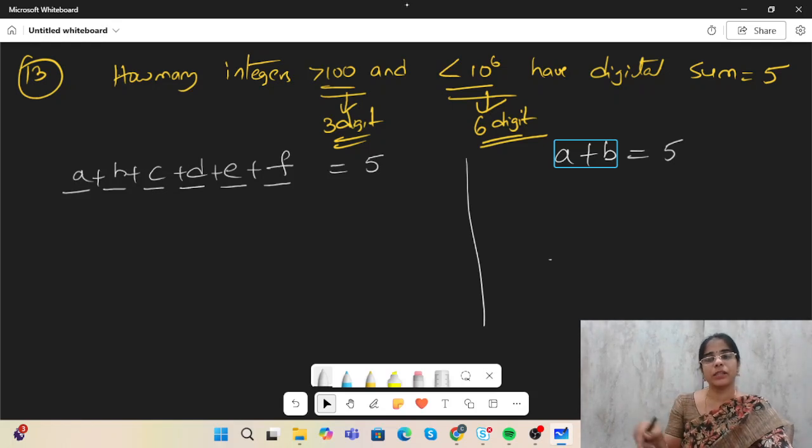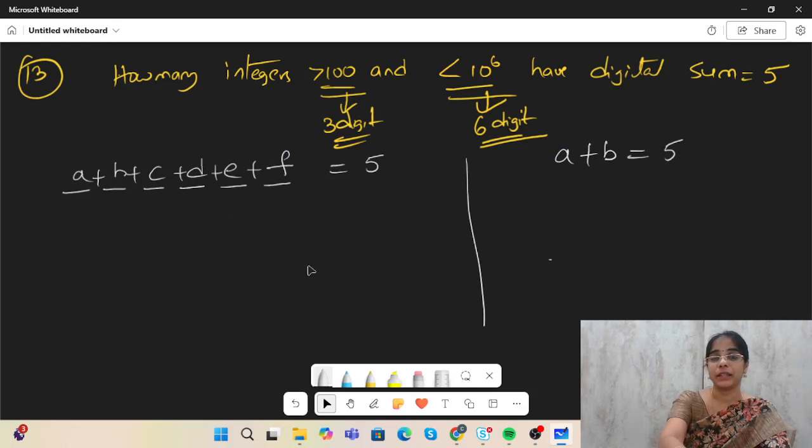So based on this condition, I have to take the sum of these 6 digits equal to 5. Later, the sum of two digits I will take equal to 5, and I will get the answer from the first case and subtract the answer of the second case from the first case, right? Now, my n here is how much? 1, 2, 3, 4, 5, 6.